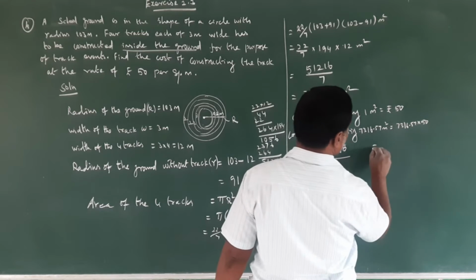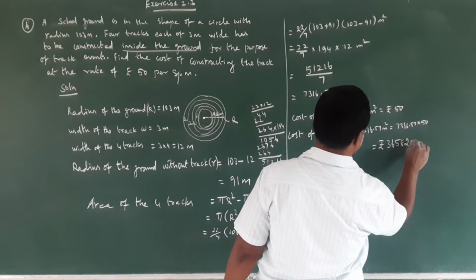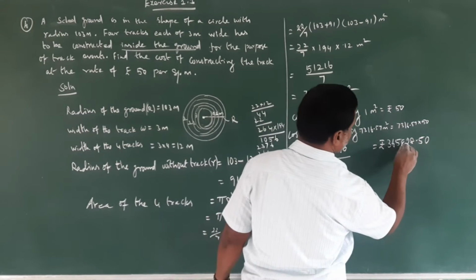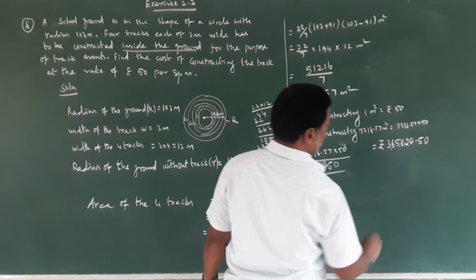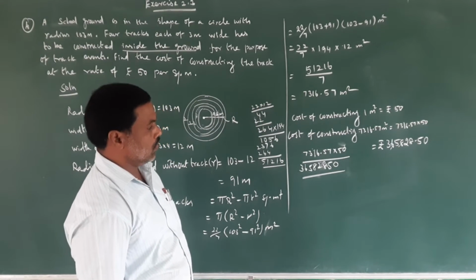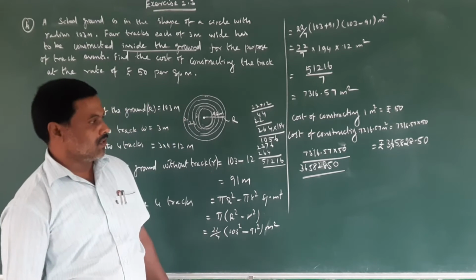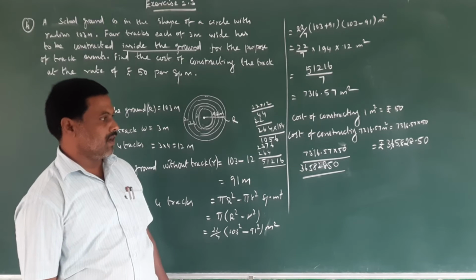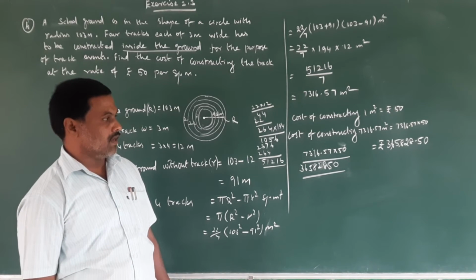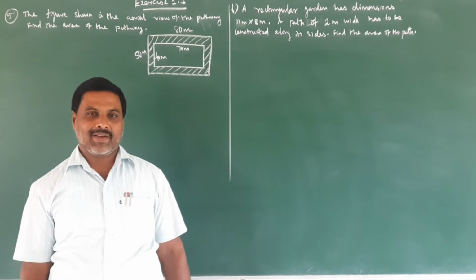Answer rupees 3,65,828.50. The cost of constructing 7,316.57 meters square equal to rupees 3,65,828.50. Next question number 5.